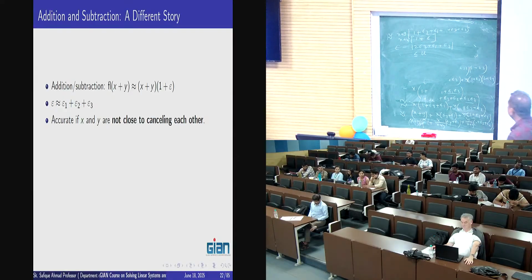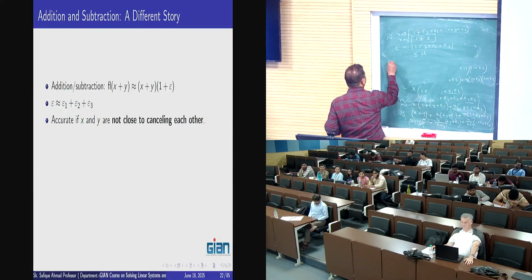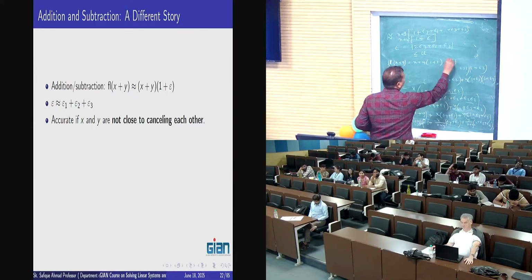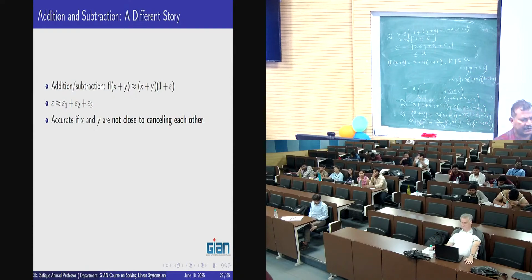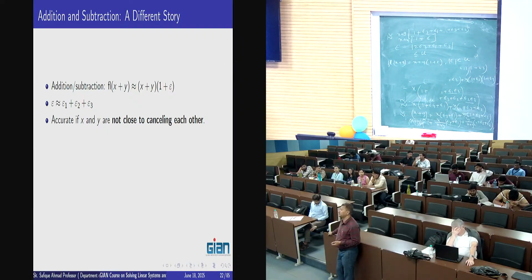So, all the calculation, this floating point of x plus y, is less than unit round off error. Okay. All this calculation, because if you do product of unit round off, again it would be less than unit round off error, because again it is a smaller number. So, accuracy holds if x and y are not close to cancelling each other.